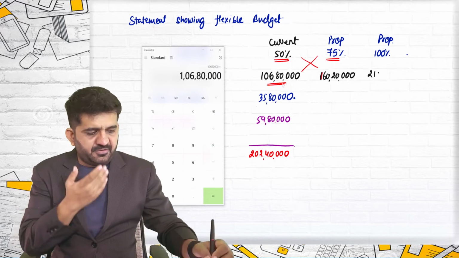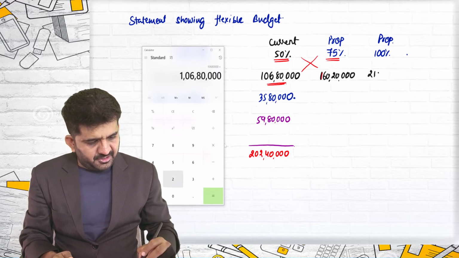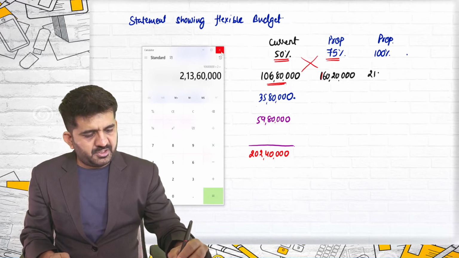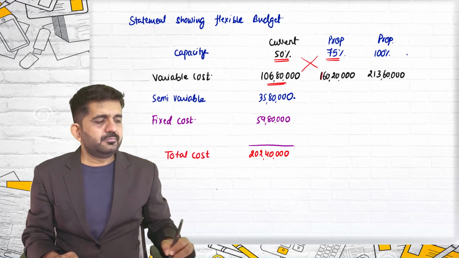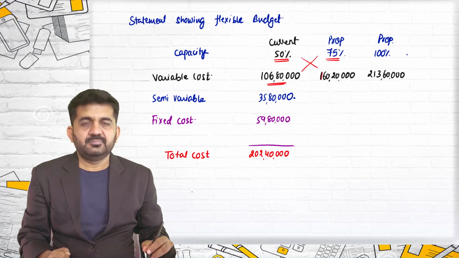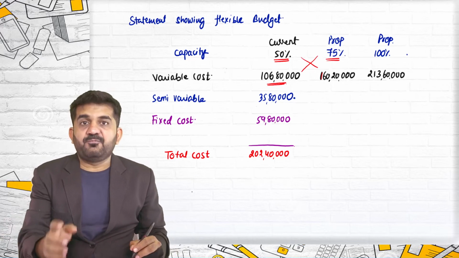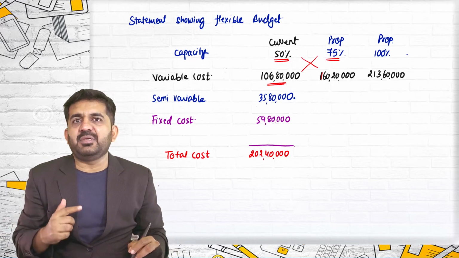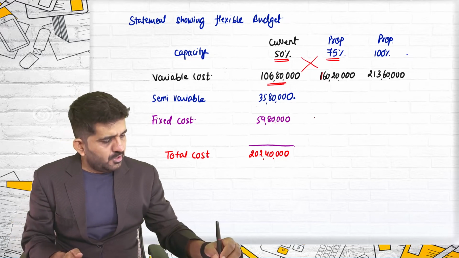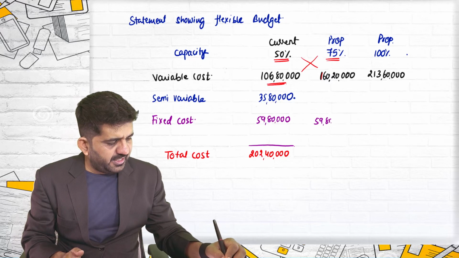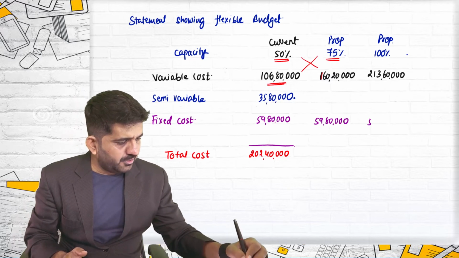At 50%, if it is this, double will be at 100%. It is 213 lakh 60,000. We all know fixed cost remains the same irrespective of the level of capacity you are running or irrespective of production. So it will remain 59,80,000 in all scenarios.